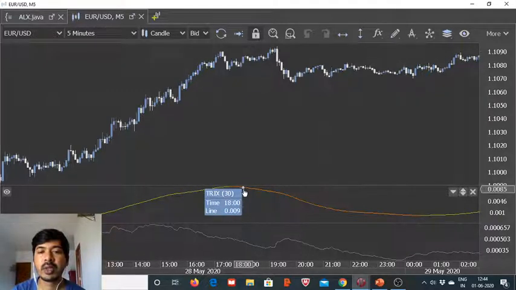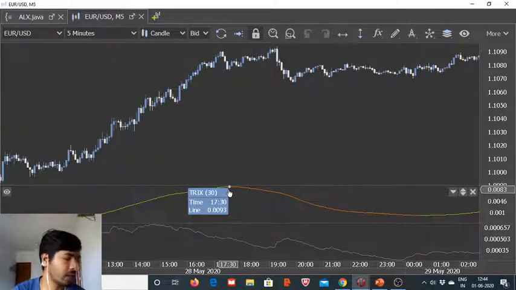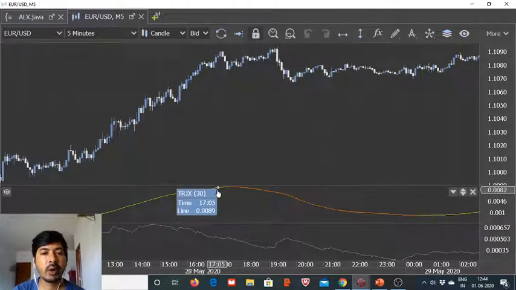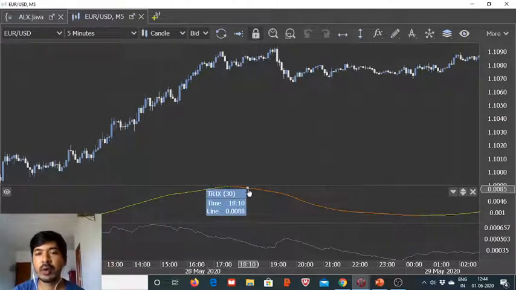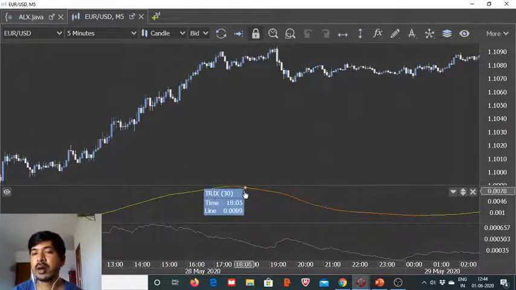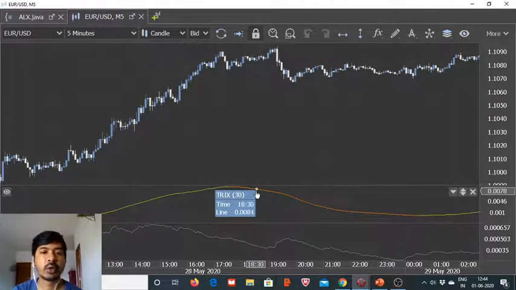That means the TRIX on the 5 minute time frame is in positive territory, and then it was rising, then it starts to fall, and only when the TRIX value starts to go down after being in the positive territory for considerable time, then we will be looking for the short sale opportunity.